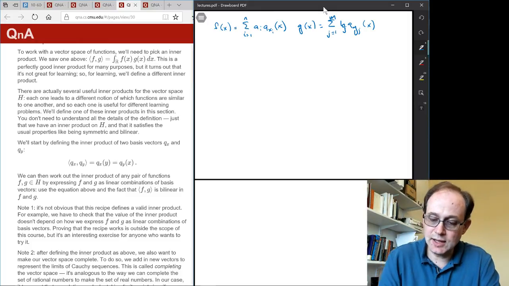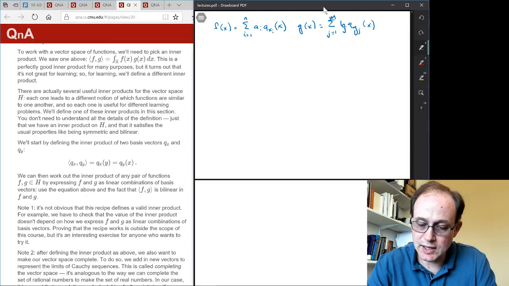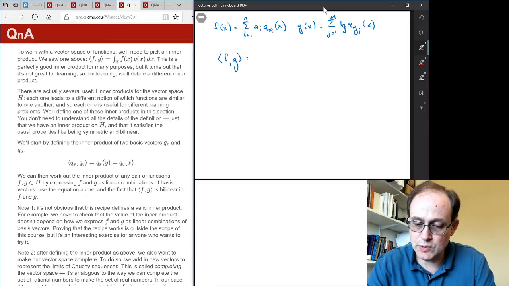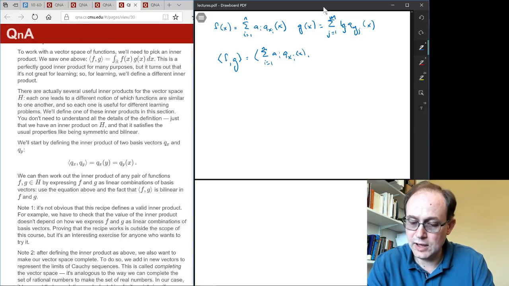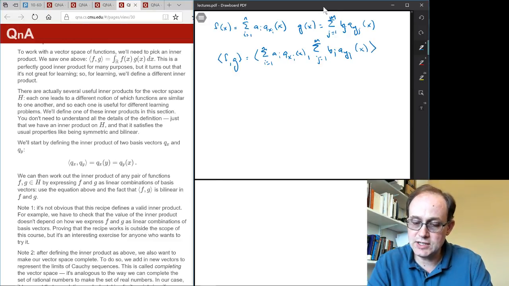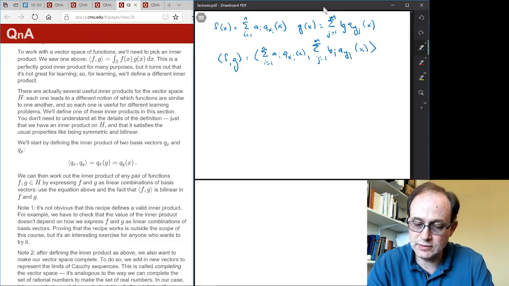And then the inner product between f and g is equal to the inner product between the sum from i equals 1 to n of a_i q_x_i of x, and the sum from j equals 1 to m of b_j q_y_j of x. Right? And then because inner product is linear in the first argument, we can pull the sum outside of the inner product.